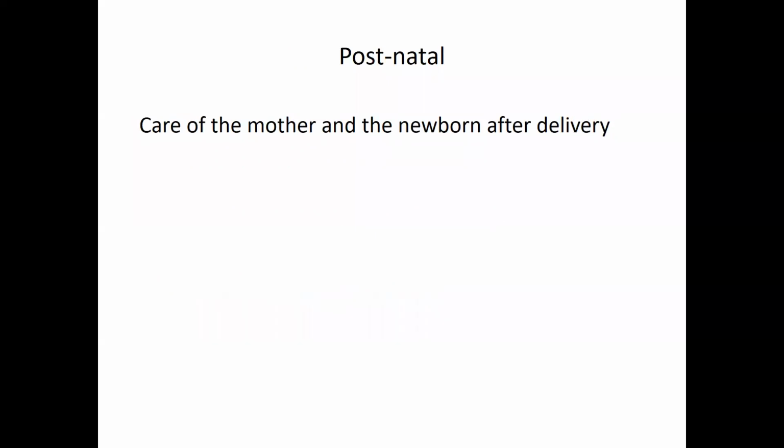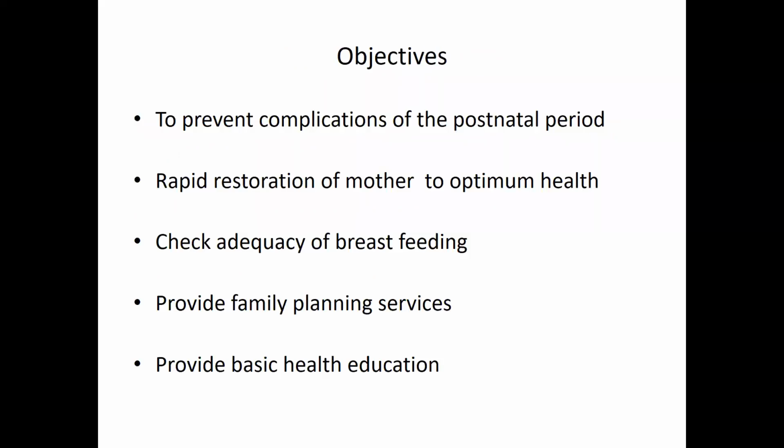Now the postnatal care after delivery. The objectives are to prevent complications in this period, rapidly restore the mother to optimum health, check the adequacy of breastfeeding, provide family planning services, and provide basic health education.